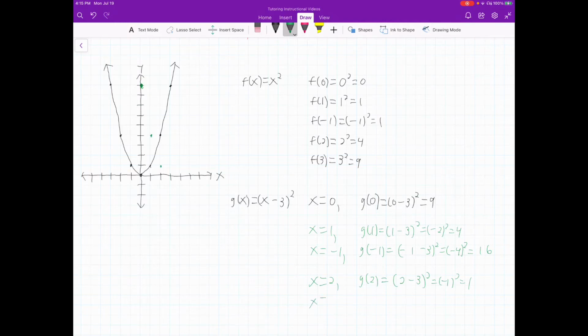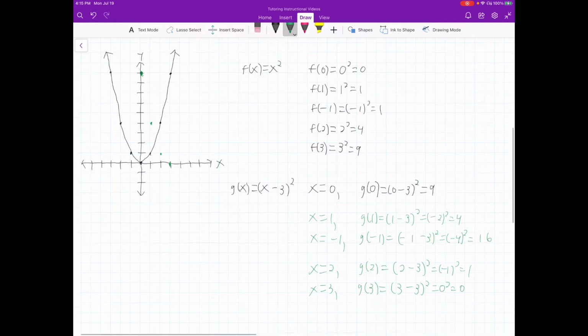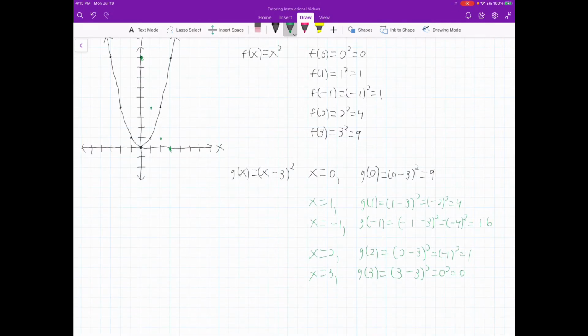Then finally, I plug in x is 3. I get 3 minus 3 squared, 0 squared, which is 0. So I finally hit the x-axis at x is 3, and then if I plug in x is 4, I get 1.